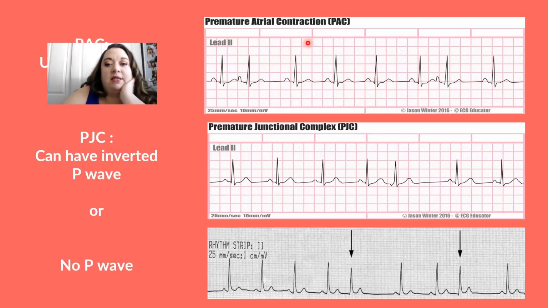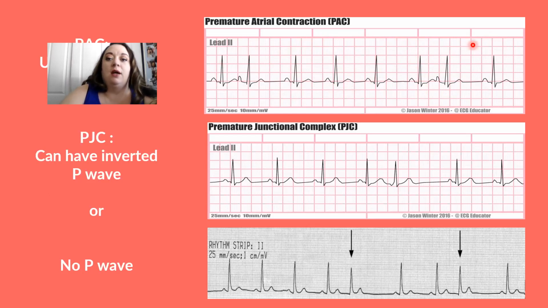And if I space these out, they're all evenly spaced. And then my next beat should have showed up here. So that's what you're trying to look for if you're trying to figure out if they're just PACs or PJCs: is the majority of my rhythm relatively normal and regular, and is it just this handful of beats that's throwing it off?